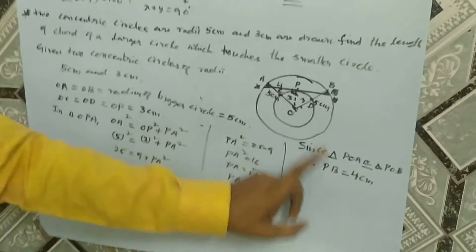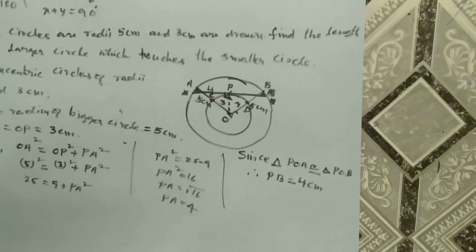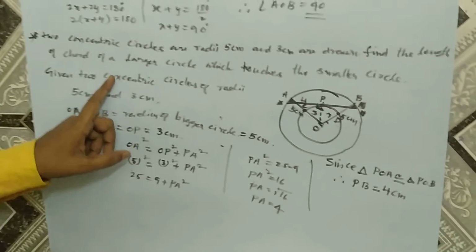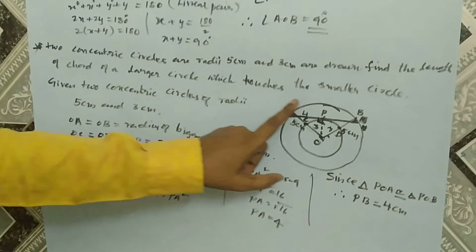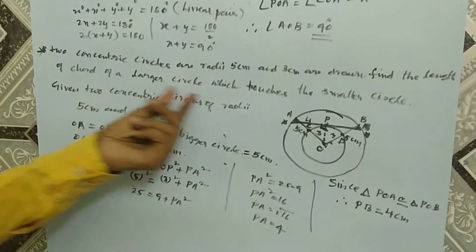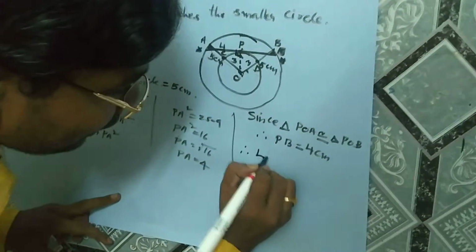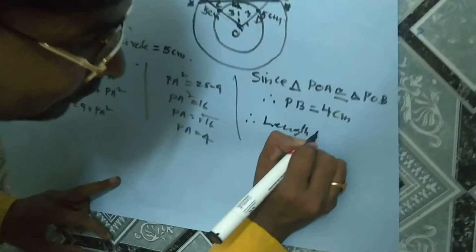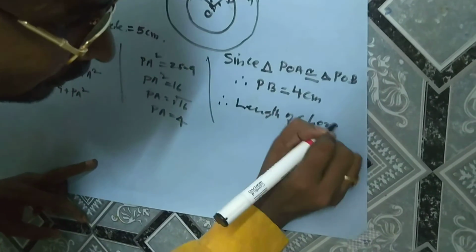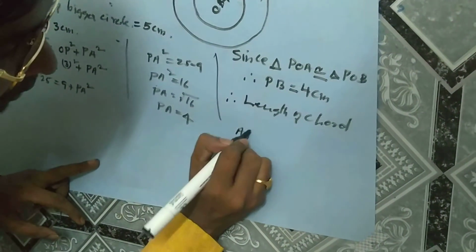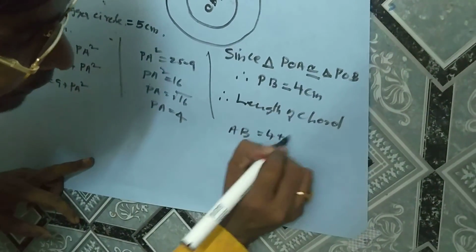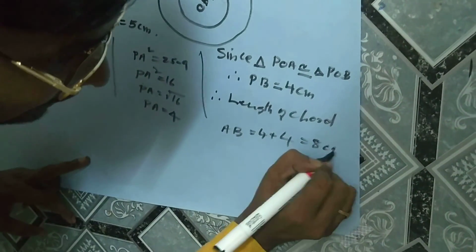PA equals PB, that is why PB equals 4 centimeters. To find the length of the chord, the length of chord AB equals 4 plus 4, which equals 8 centimeters.